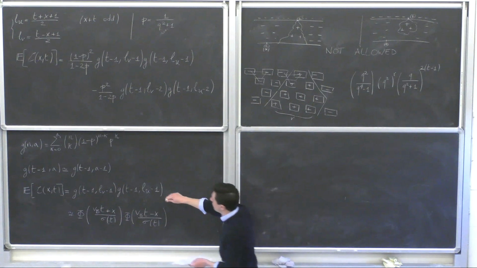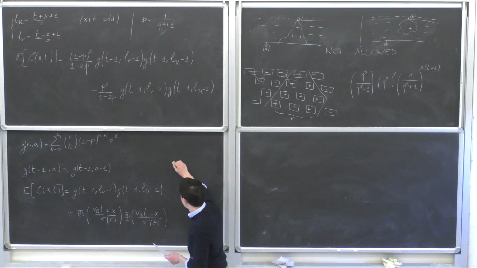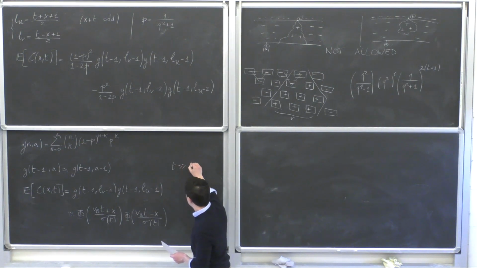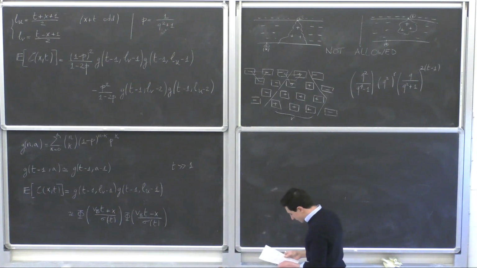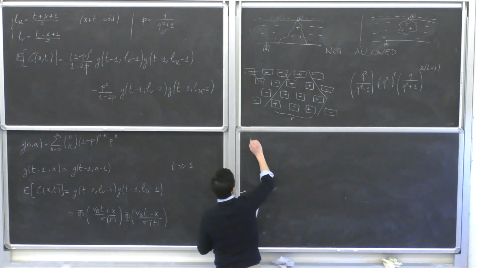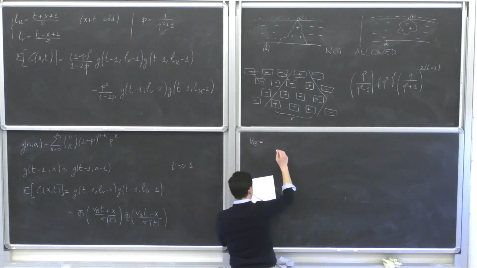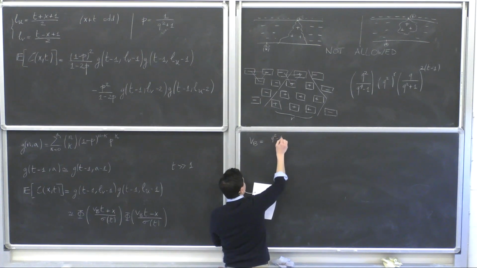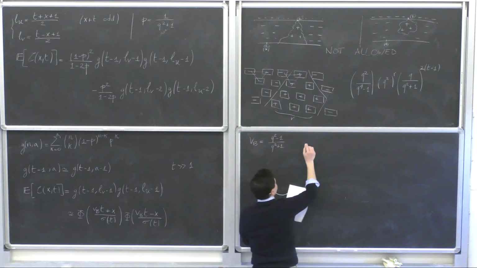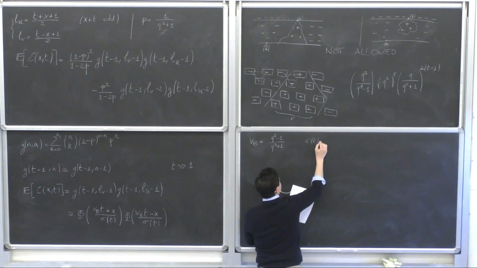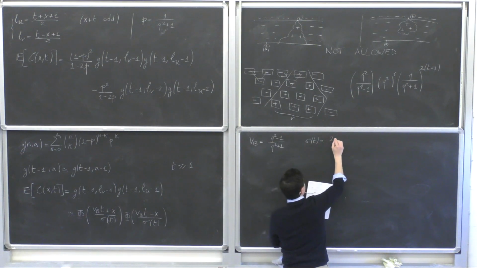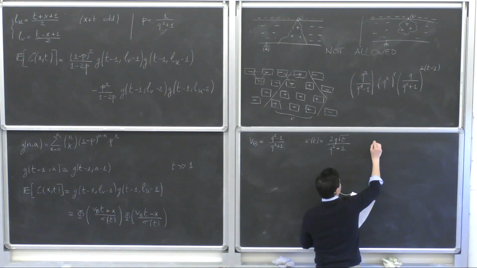But for the moment, I think this expansion holds for t much greater than 1. Okay, so now we have defined this, and then this is the error function.